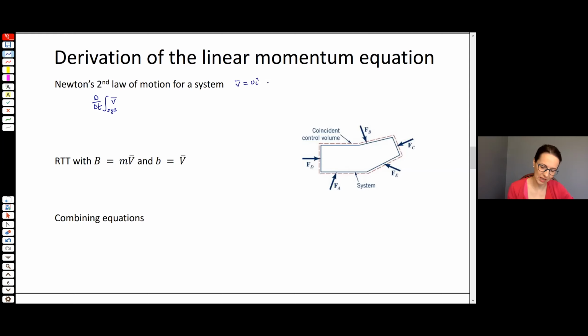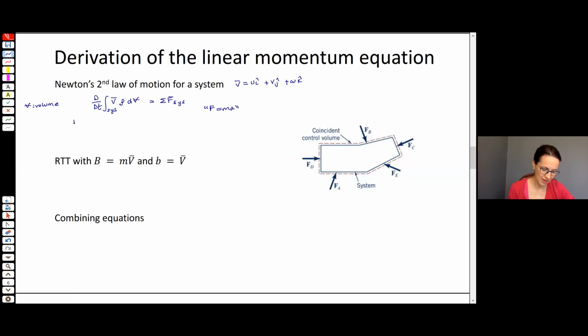The vector is little u in the x direction plus little v in the y direction plus little w in the z direction, is the general convention, although sometimes you'll see w used in the y direction, etc. We've got our vector velocity, we've got our fluid density, and then we've got our differential volume. And that is equal to the sum of the forces acting on this fluid system. Again, our collection of particles, right? So this is our statement of F equals ma, good old Newton's second law.